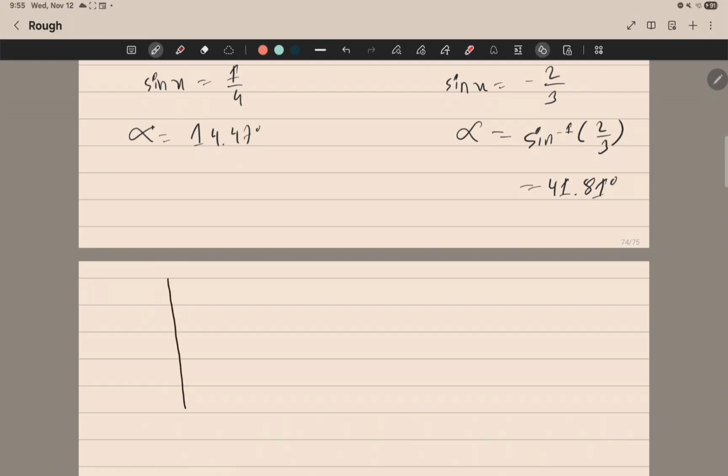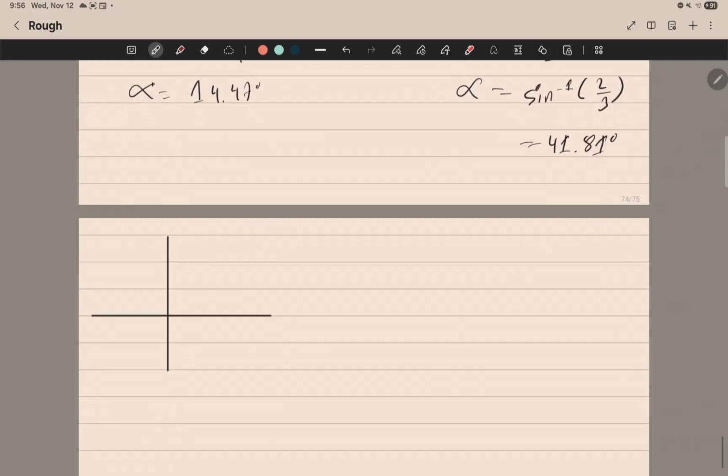Let's just draw the quadrants. It doesn't look that good, but anyways, we will use this one. So here sine is positive, so we will use A, S, T, C. Sine is positive in only these two angles, 0 to 360, 14.47.